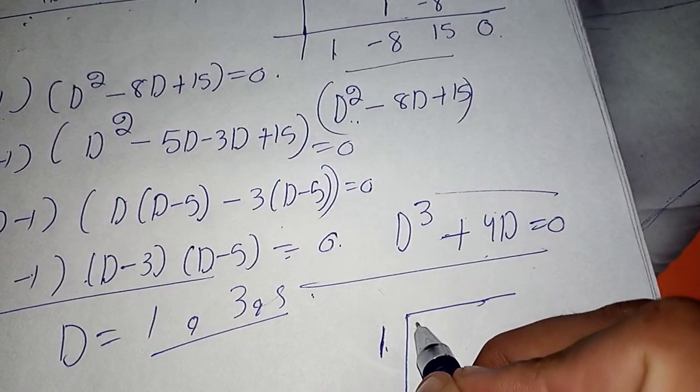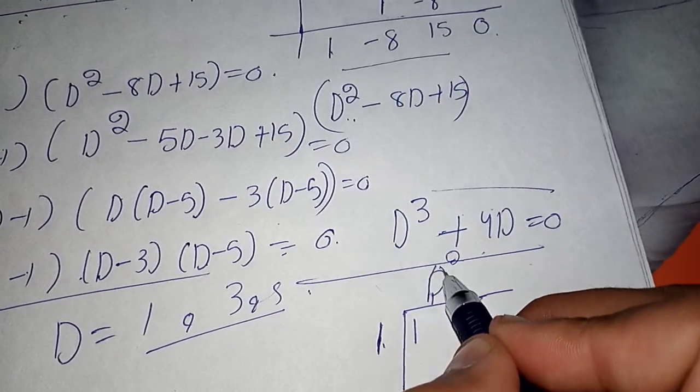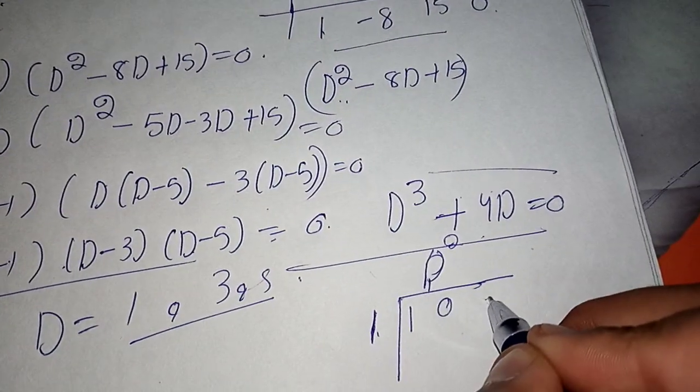The coefficient of d cube is 1. The coefficient of d square is not involved here, so it is 0. What is the coefficient of d?